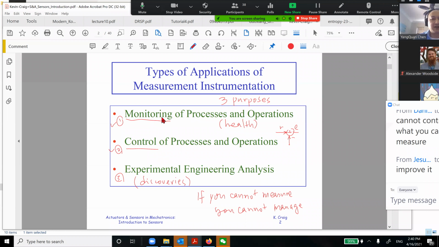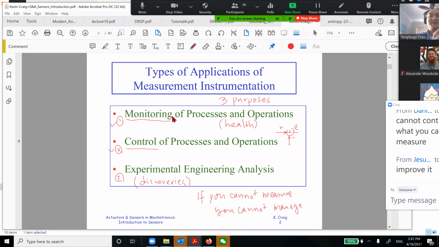Sometimes measuring is simply to check if it is healthy. So when you visit a doctor, they measure you: check your heartbeat, temperature, sometimes your eyes, your ears, nose, and pat on your back.